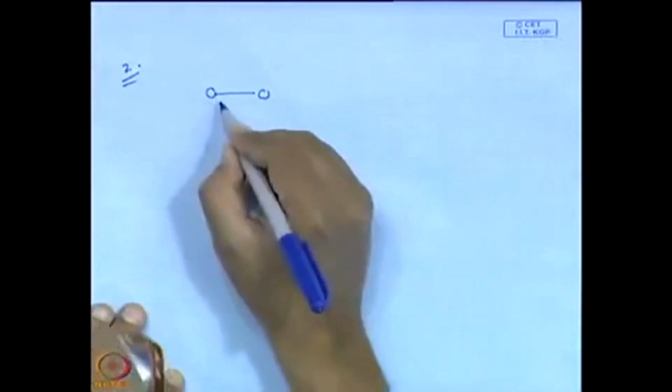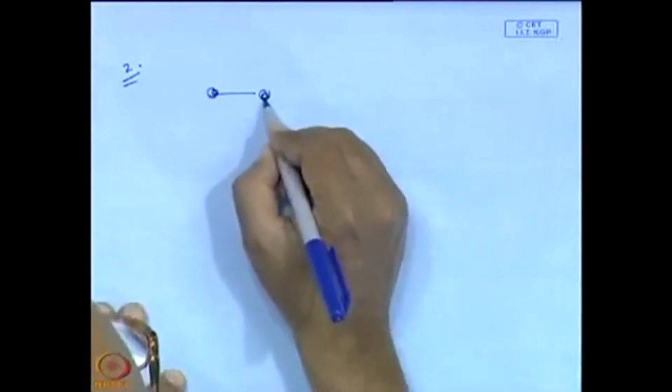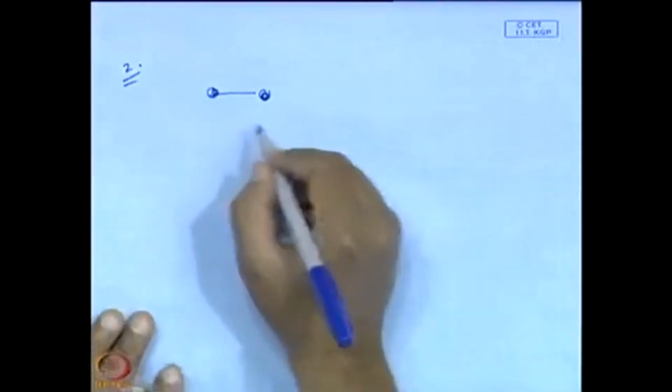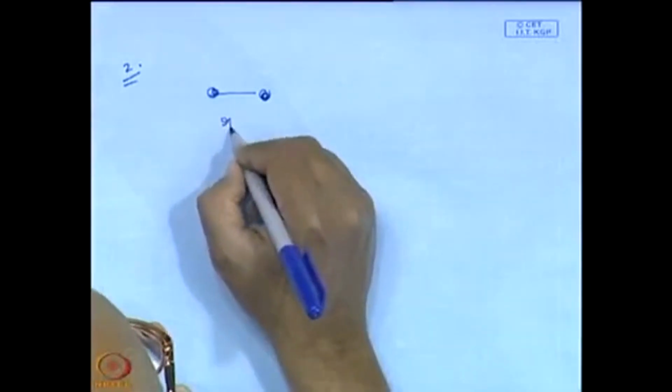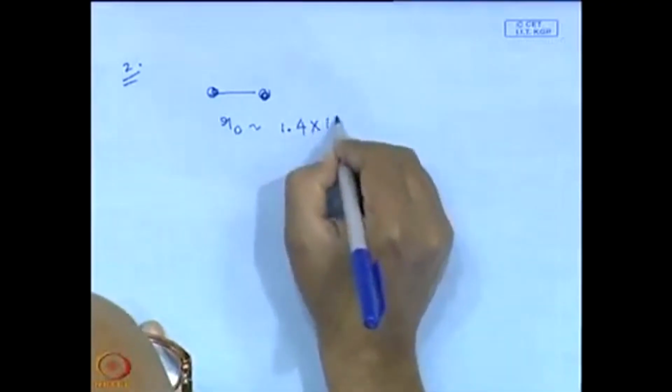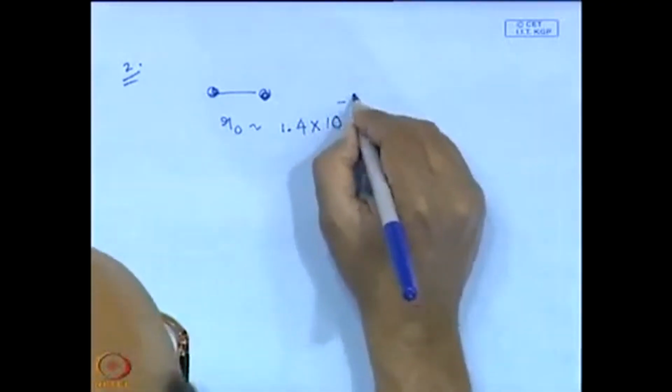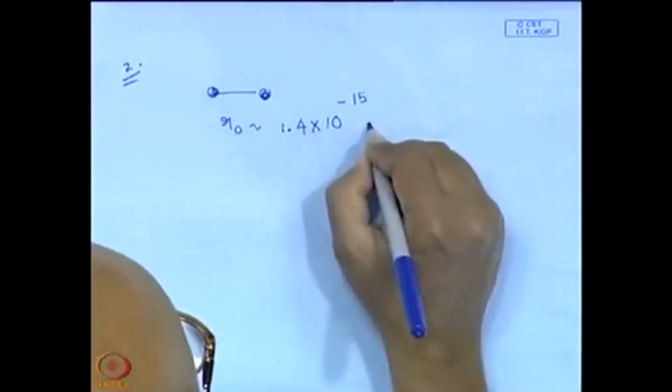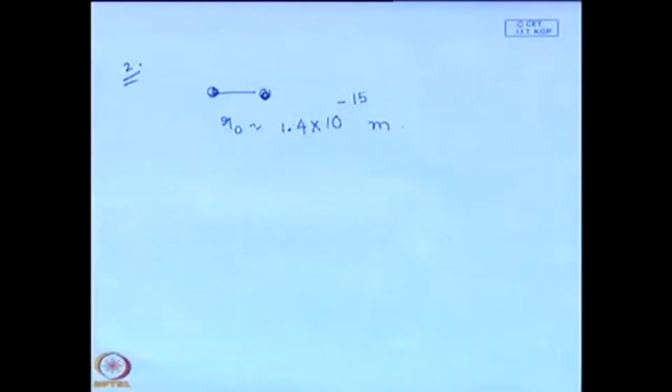At large scales there is the Coulomb repulsion between any two charged particles which have the same charge, and it is only if they can approach within a distance r naught of the order of 1.4 into 10 to the power minus 15 meters that the strong interaction will come into play, and they will then be able to merge and form a deuteron.